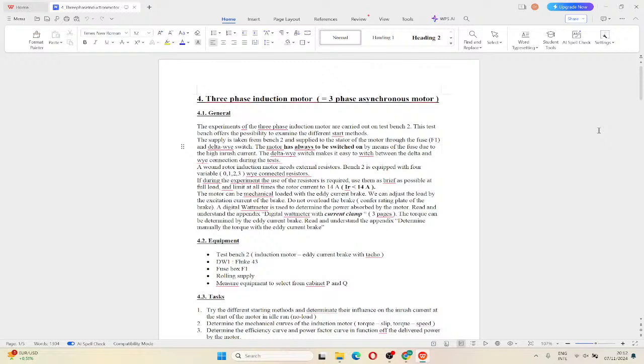And for the induction motor, it's the same, but we need to add a current transformer here to measure the current. Then the other things are the same. For this, we only need to do 4 groups of tests, using delta and y with different resistance.